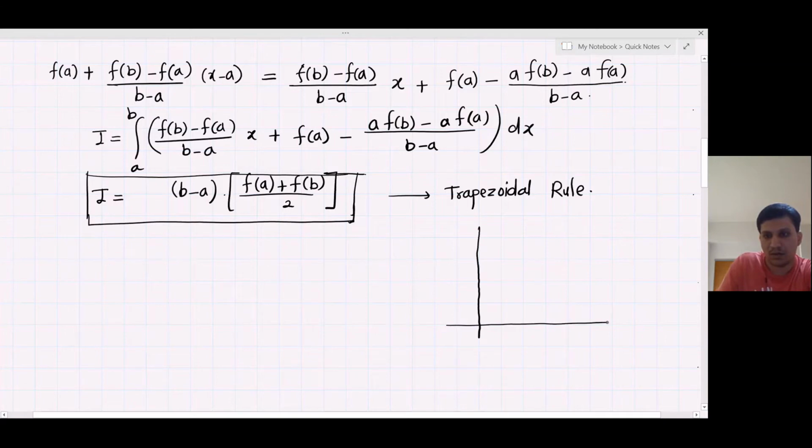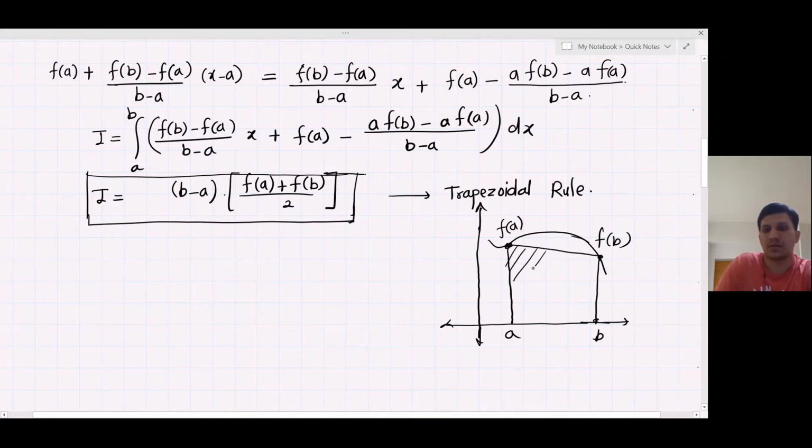I will draw a diagram, and we need to calculate this area.